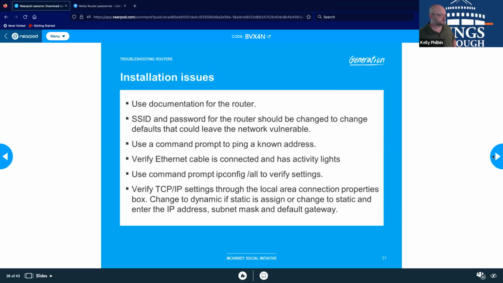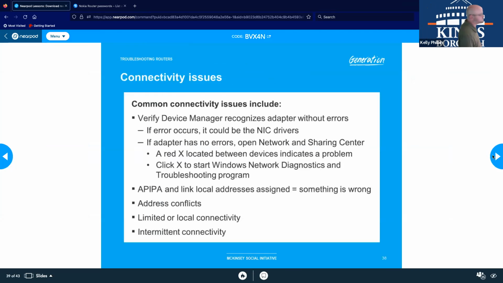All right. Common connectivity issues: update your drivers, both for your computer and for your routers. If you're working with your standard ISP's router, they tend to update this on a regular basis, but that doesn't necessarily mean they will.